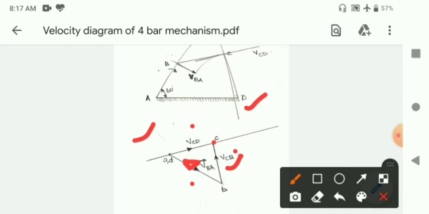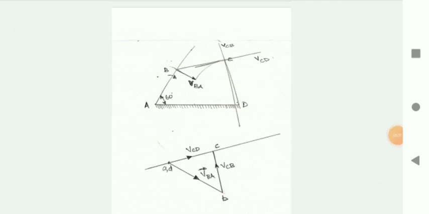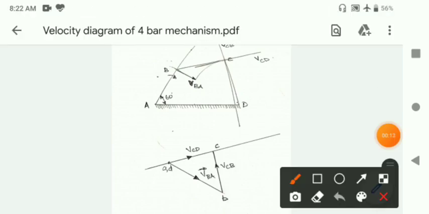Always the designation will be from head to tail. So please note that. Now using the velocity diagram that we have drawn, we will try to solve the question that is asked. In the question, we have been asked to find the angular velocity of the connecting link BC.